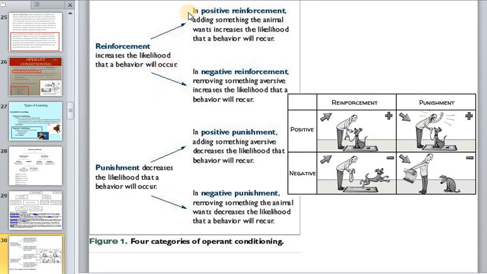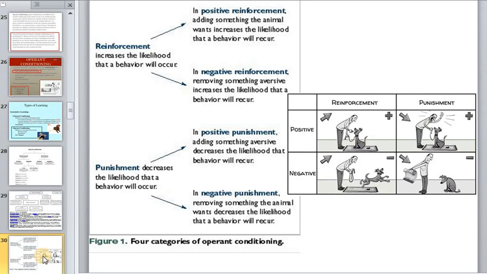In positive reinforcement, adding something the animal wants increases the likelihood that a behavior will recur, and in negative reinforcement, removing something aversive increases the likelihood that a behavior will recur. And here we see positive punishment and negative punishment.